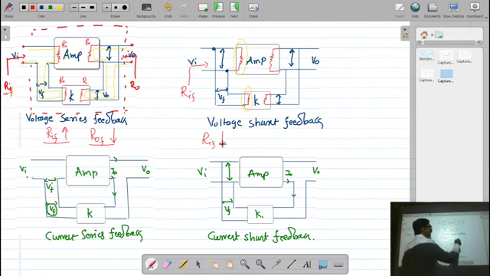Same way, here also the output resistance of the amplifier and the input resistance of the feedback network both are parallel to each other, and therefore the output resistance of this amplifier is going to decrease.